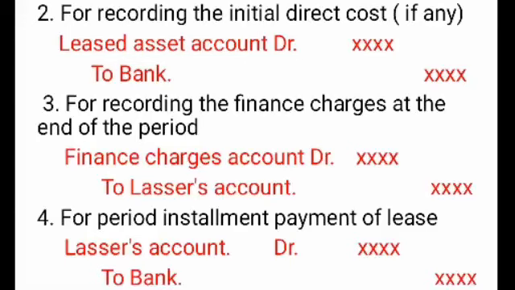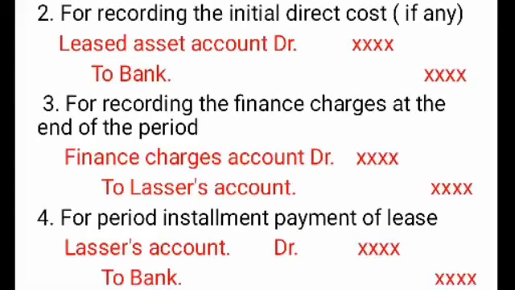Then the third one, for recording the finance charges at the end of the period. The finance charges like interest should be treated as: finance charge account debit to lessor's account.